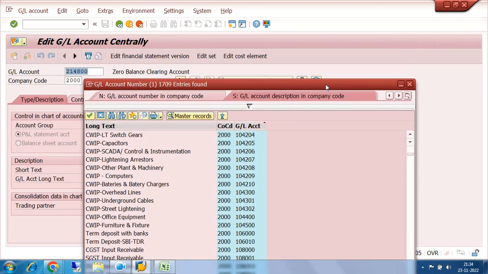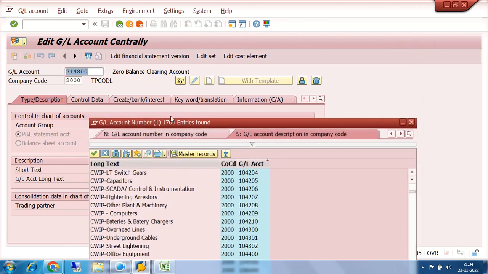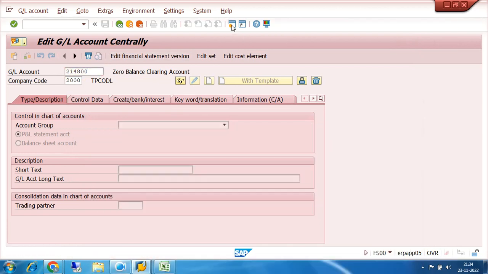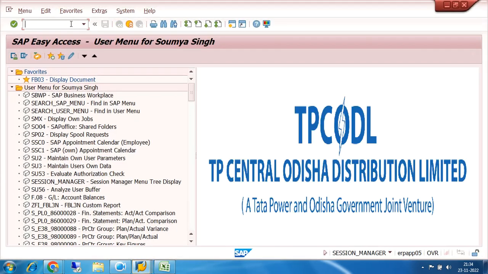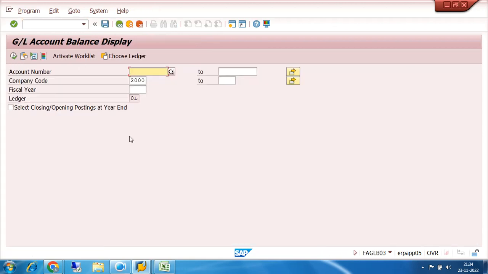Suppose I want to see the balance of this GL 214800, right? Let us see. Just a minute, so many screens are opened. FAGLB03, right?